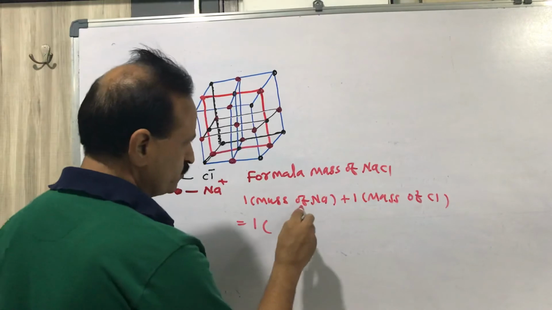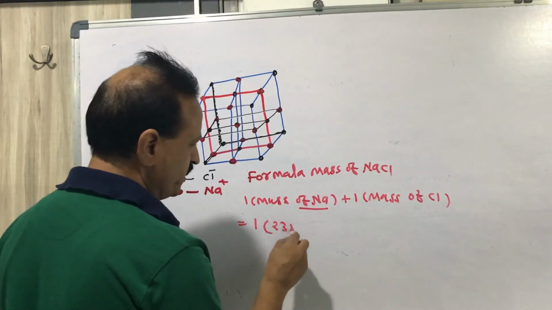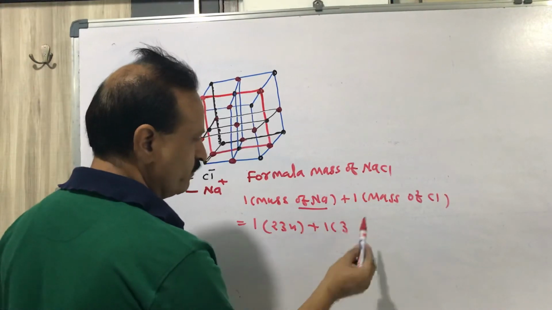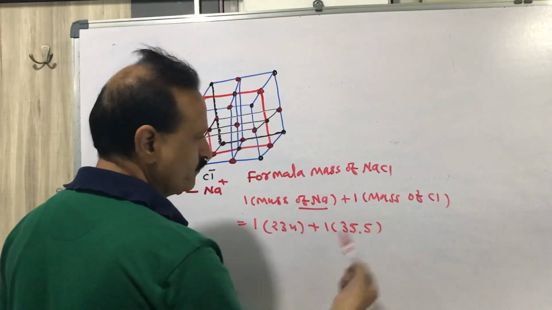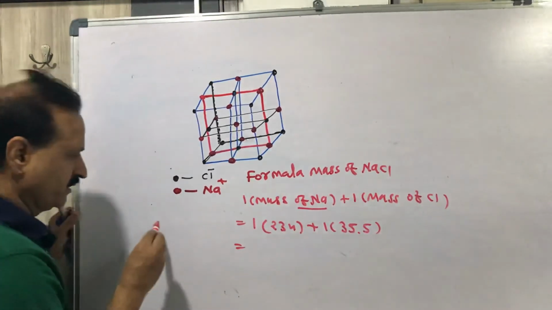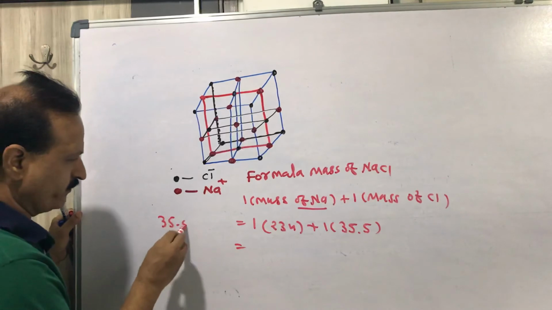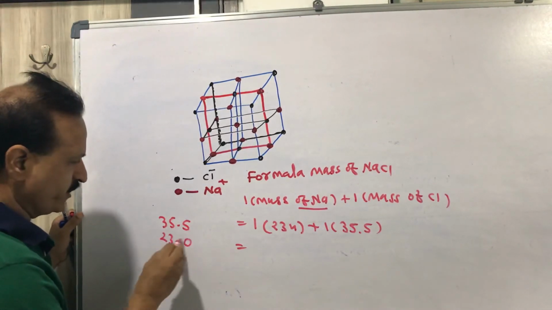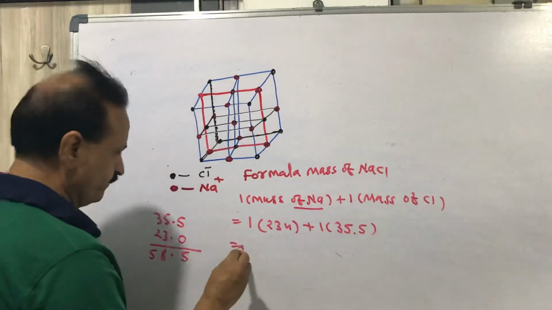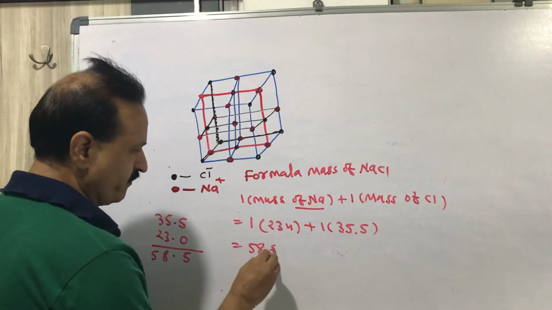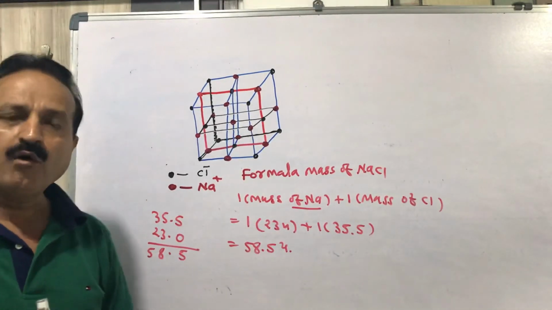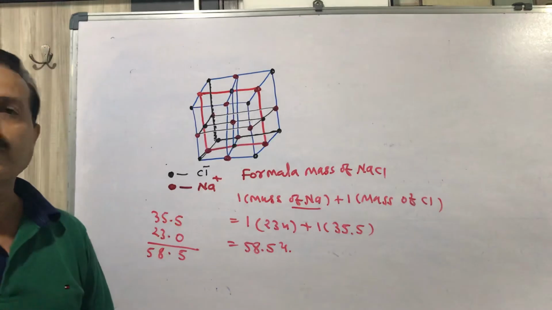Sodium has an atomic mass of 23 u and chlorine has an atomic mass of 35.5. The total formula mass is 23.0 plus 35.5, which is 58.5 u. This is the formula mass of sodium chloride.